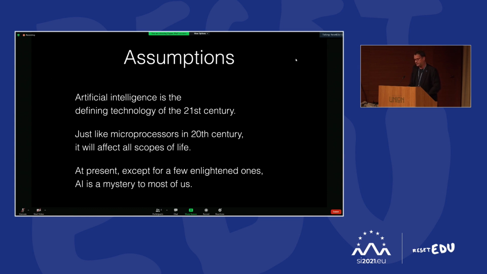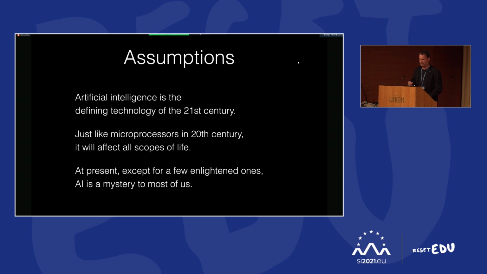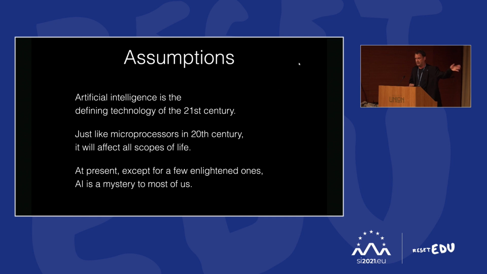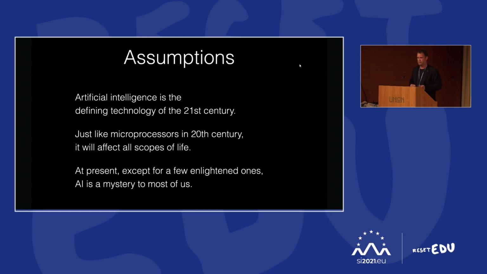Just like microprocessors in the 20th century, it will affect all scopes of life. And at present, except for a few enlightened ones, meaning people that study AI at universities or by themselves using MOOCs, AI is a mystery to most of us, right?